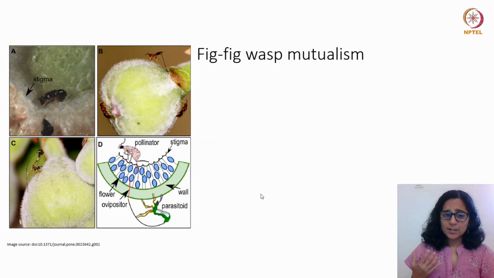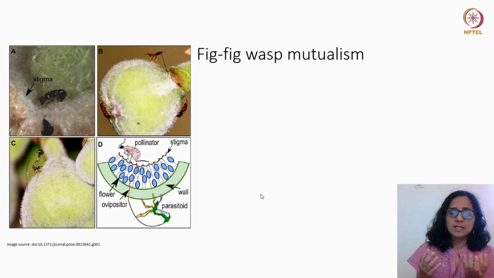Okay, so you see that fig is really dependent on fig wasps for pollination, so that seeds can be produced, and the fig wasp is also very much dependent on the fig syconium in order to raise its own babies. Those are the larvae, which turn into male and female wasps.